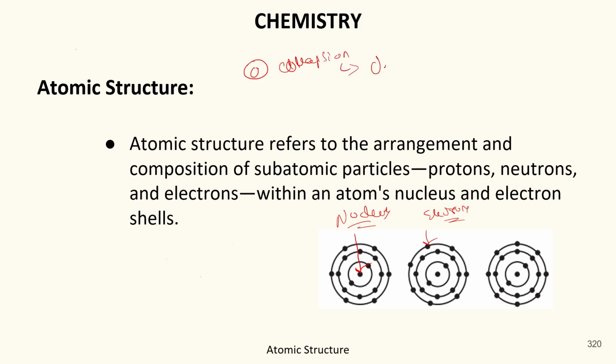He said because they are revolving in a definite path or shells, like these lines, these lines are basically the shells. Because the electrons are revolving in the shells, it is not possible for them to collapse into the center. So that's how he answered the first question, the question of collapsion.